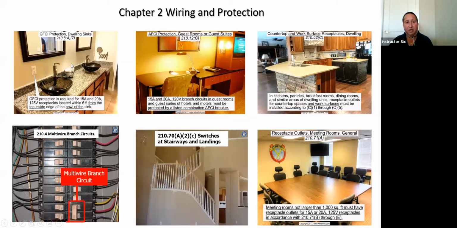So here you could see some of the changes. You have here 210.8(A)(7), 210.12, 210.52, 210.4, 210.70, and 210.71. So let's go through these, each one, and explain these important changes.